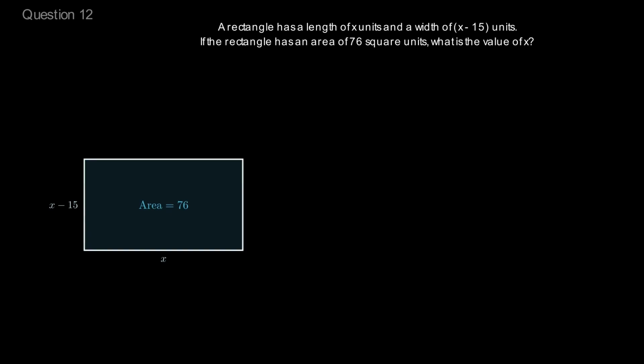The fundamental geometric formula for the area of any rectangle is length times width equals area. By substituting our given values into this formula, we get the algebraic equation x multiplied by the quantity x minus 15 equals 76. Next, we expand the brackets to distribute x, which gives us x squared minus 15x equals 76.